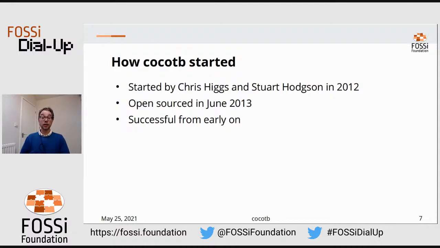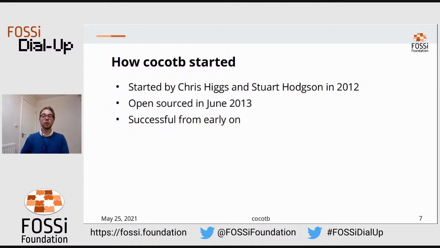They open sourced Cocotb in 2013, and the early code was partially driven by the needs of some in-house projects that we were working on, but there was always a clear idea that the things they developed would be useful beyond this particular in-house use case.